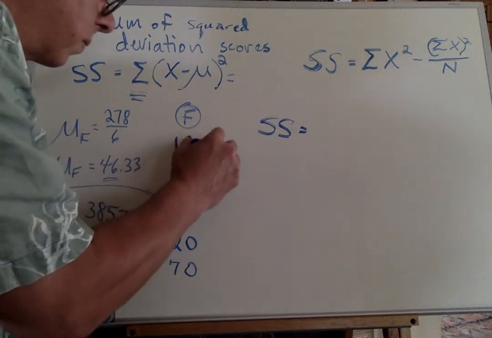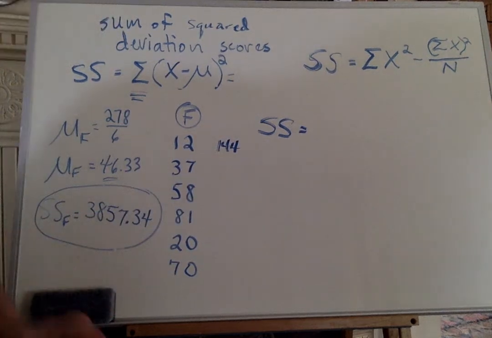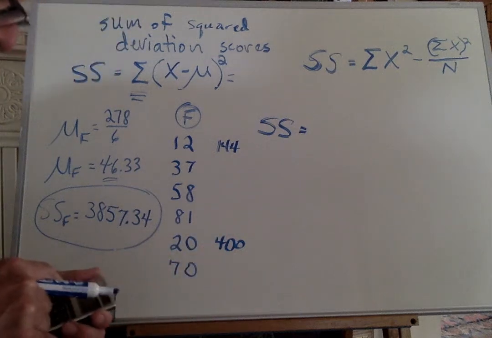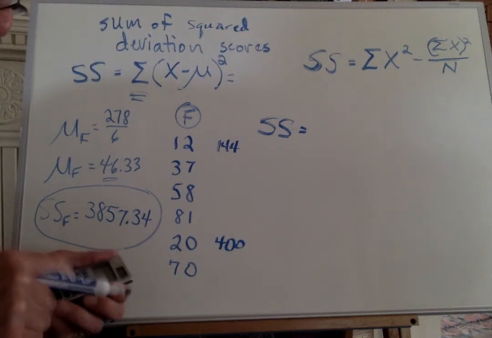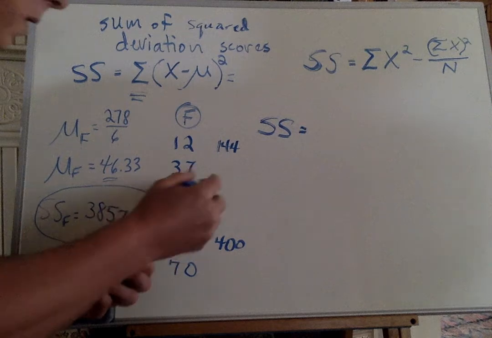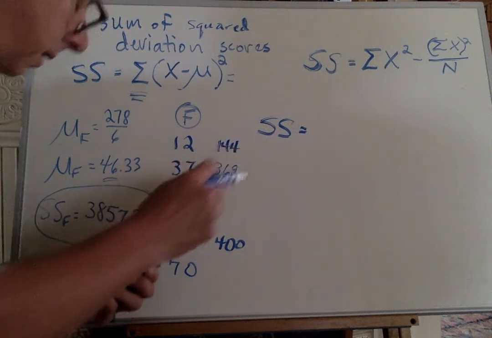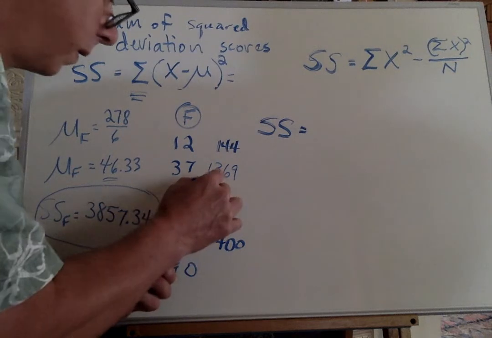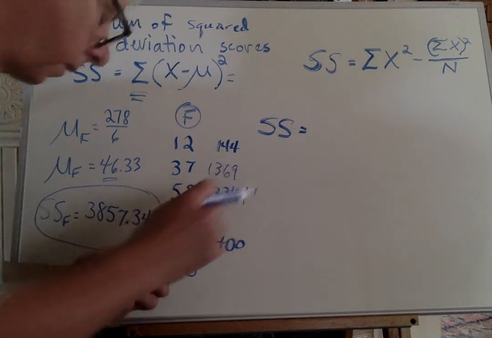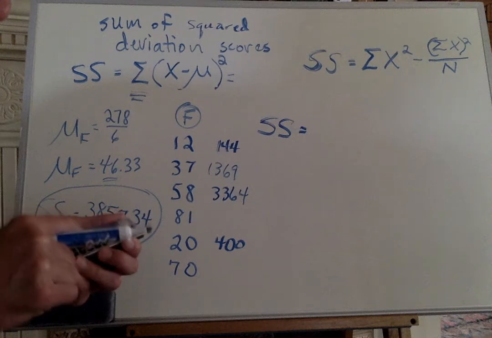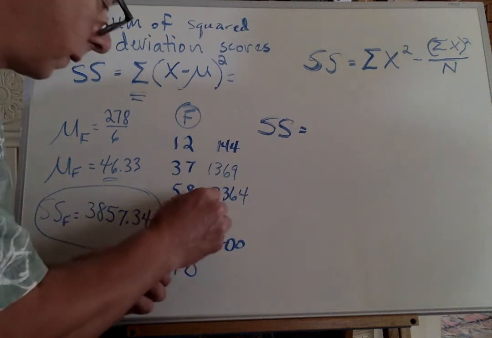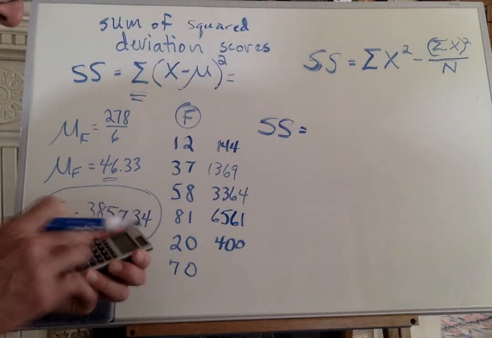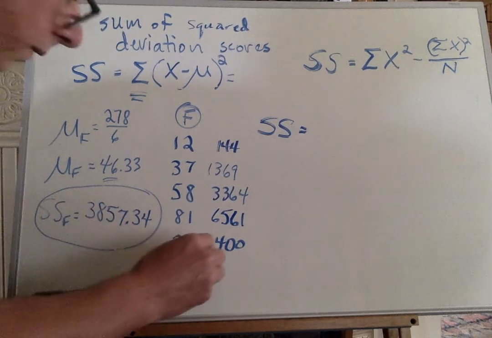So 12 squared is 144. 20 squared is 400, I know that. 37 squared is 1369. 58 squared, 3364. 81 squared, 6561. 70 squared, 4900.